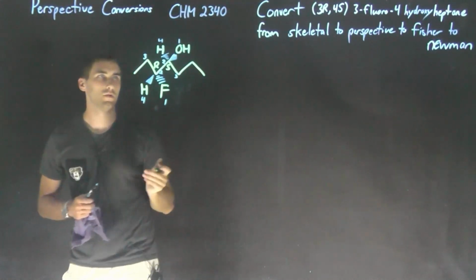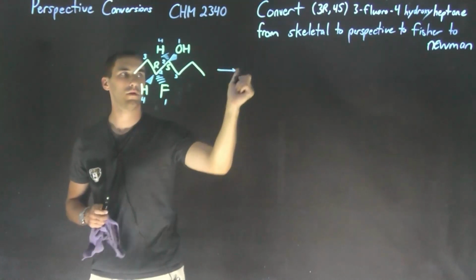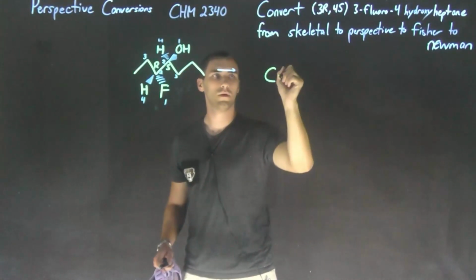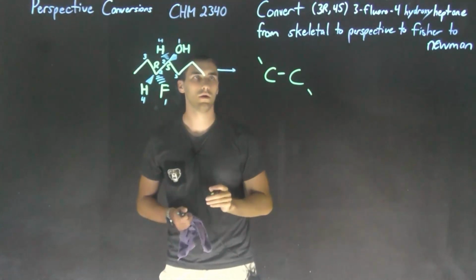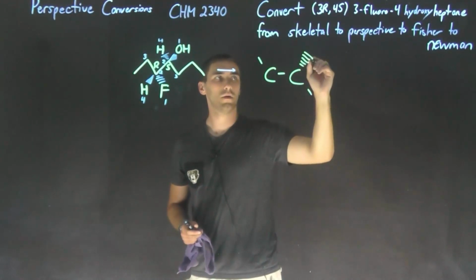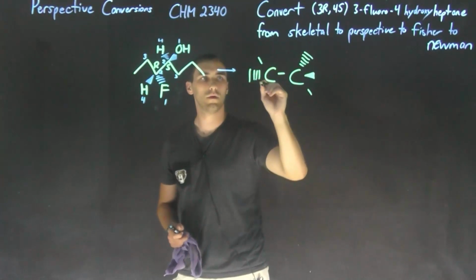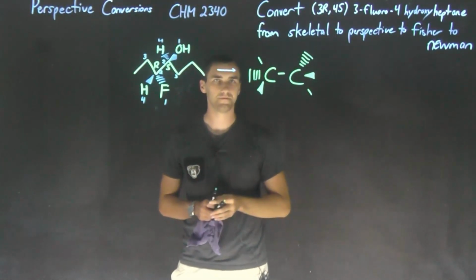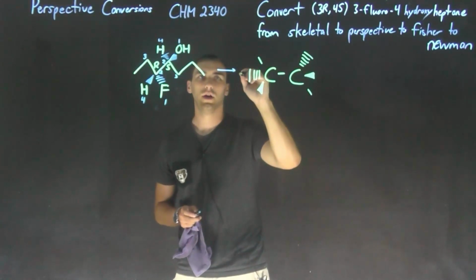To convert to perspective, we have this framework. Now we will put the lowest priority on the hashed wedge.